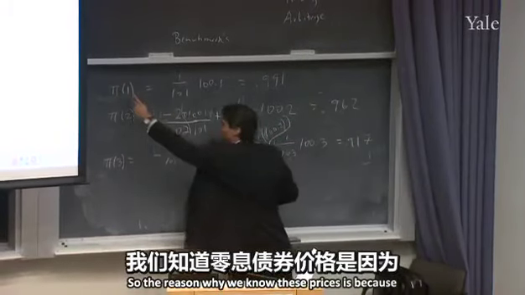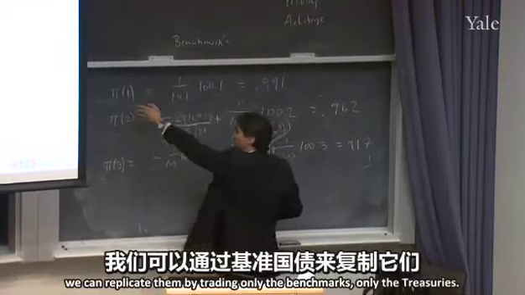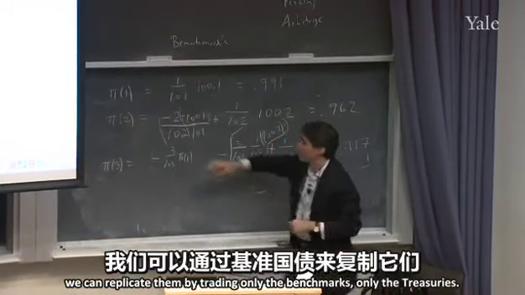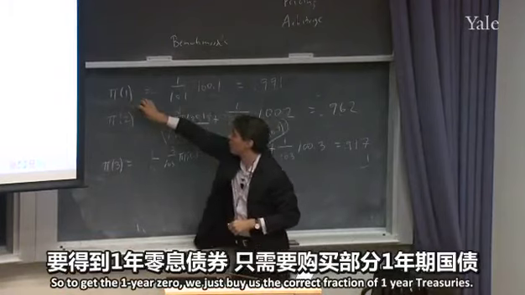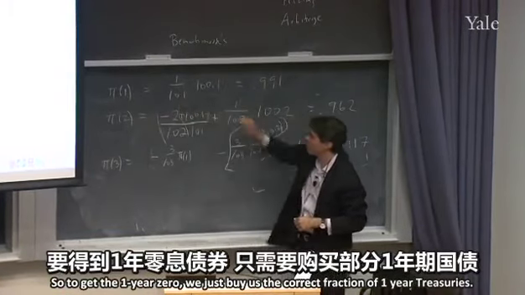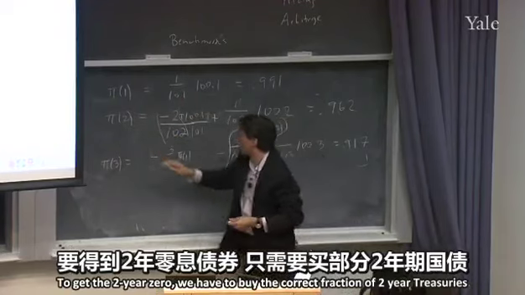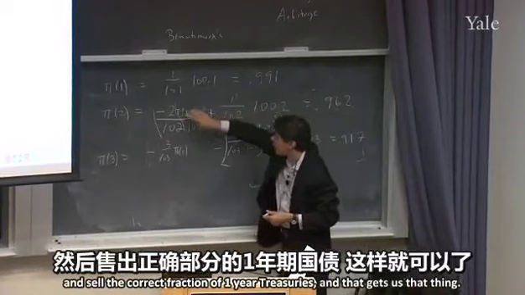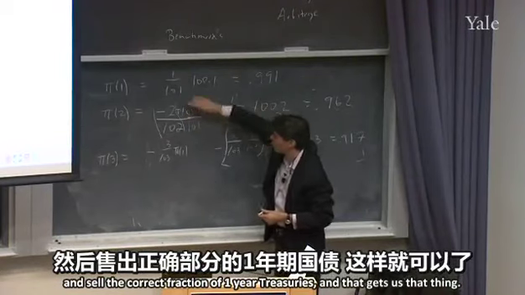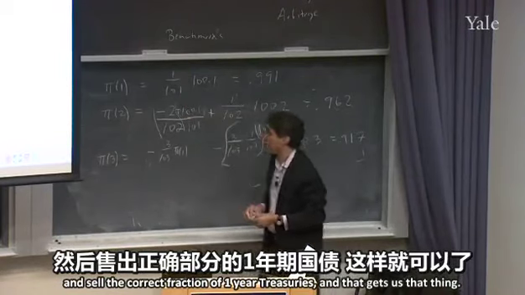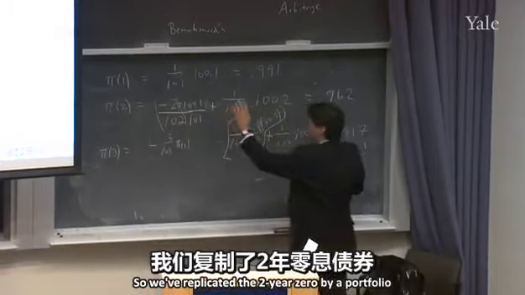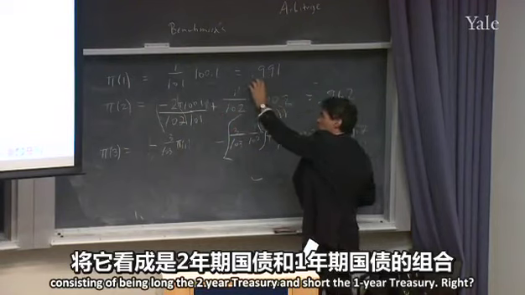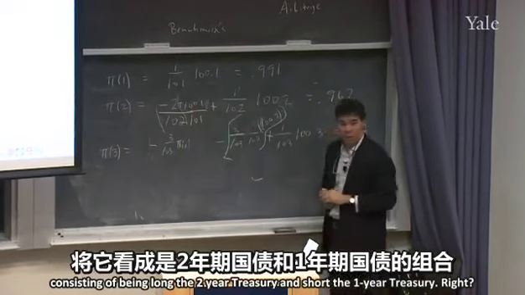So the reason why we know these prices is because we can replicate them by trading only the benchmarks, only the treasuries. So to get the 1-year zero, we just buy the correct fraction of 1-year treasuries. To get the 2-year zero, we have to buy the correct fraction of 2-year treasuries and sell the correct fraction of 1-year treasuries. And that gets us that thing. So we've replicated the 2-year zero by a portfolio consisting of being long the 2-year treasury and short the 1-year treasury.